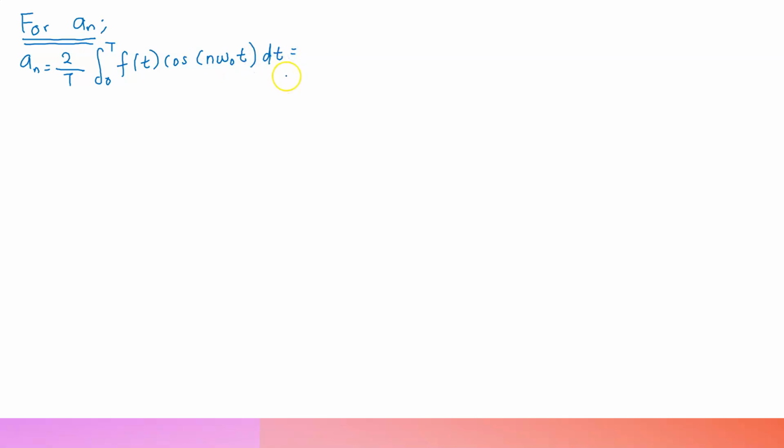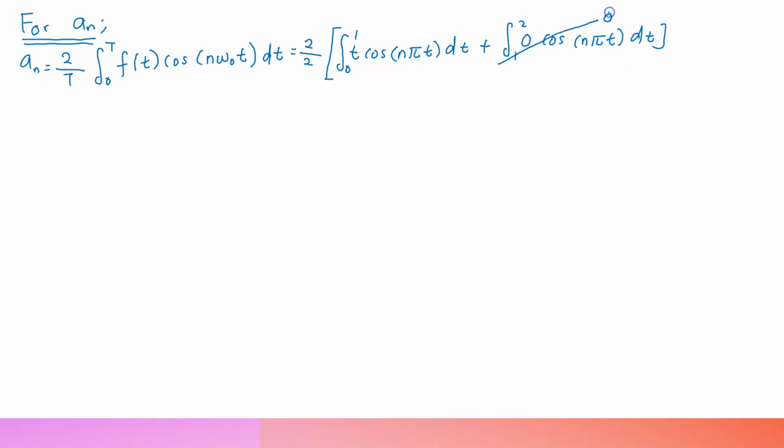If I substitute T and omega naught, I will have here 2 over 2, and then integration over 0 to 1 of f of t, which is t, cos n pi t dt, plus integration from 1 to 2, f of t is 0, times cos n pi t dt. So this term, the whole thing, will become 0.